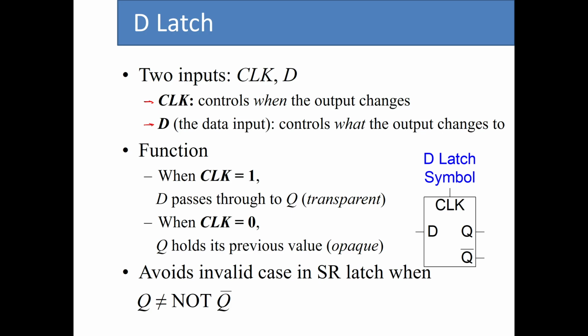So we say we have a clock signal that controls when the output changes or when the storing happens, and we have a D or data input which controls what the output changes to or what is being stored in the D-Latch.